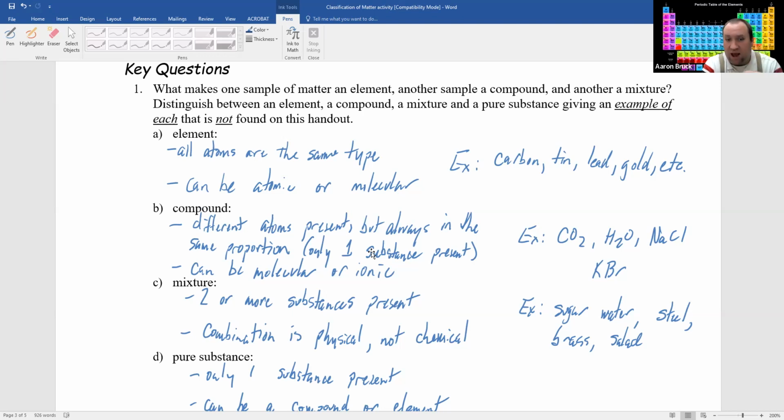Mixtures, on the other hand, have to have two or more substances present. And the combination there is physical instead of chemical. In compounds, they're a chemical combination. That's what leads to that fixed ratio, that unique proportion. But in a physical combination, in a mixture, it doesn't have to be.